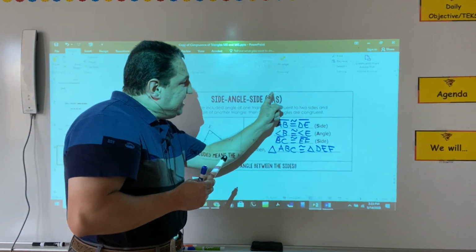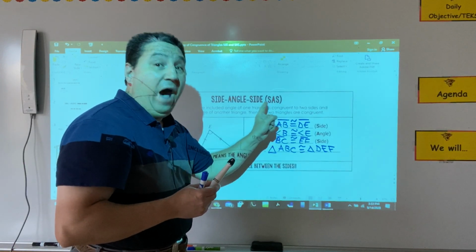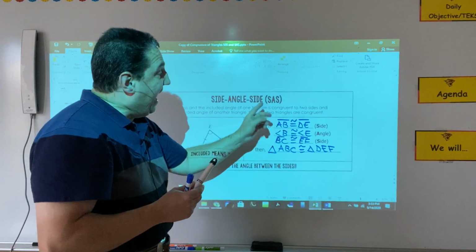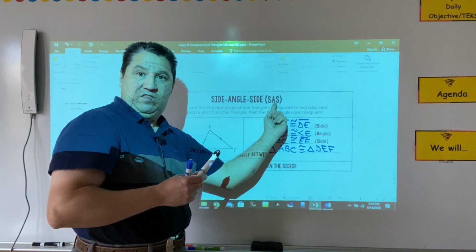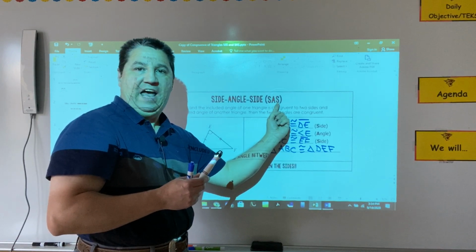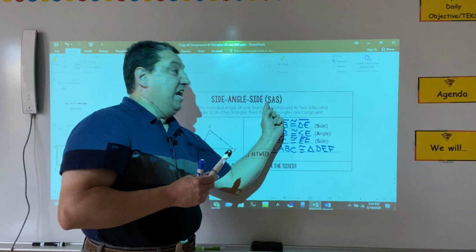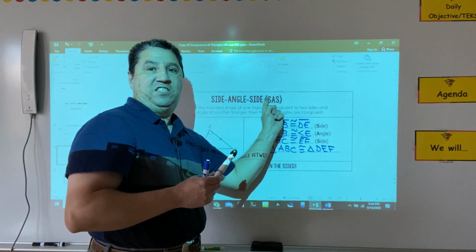Because this name indicates where we should place the angle. As we can see, this letter comes from the word angle, and it is between sides. In other words, A is included by these sides.